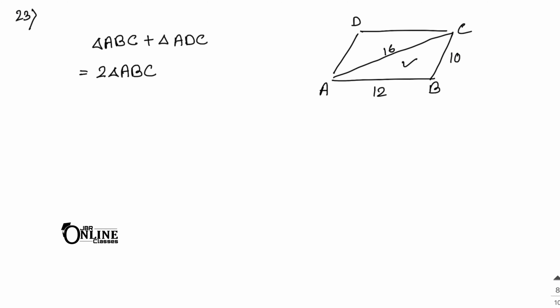Now as here ABC is a scalene triangle, that means each and every side will be different. So first you have to find out the value of S, that means 16 plus 10 plus 12 by 2, which is the half perimeter, so that equal to 19 centimeter.